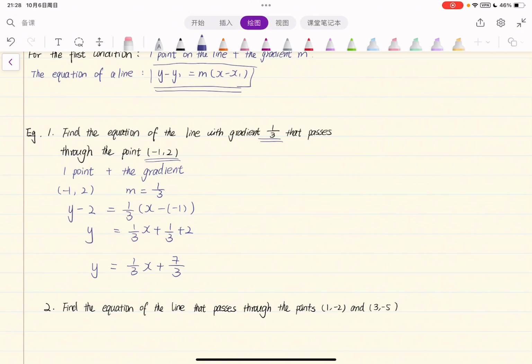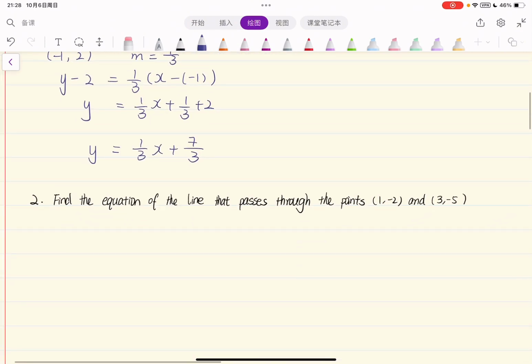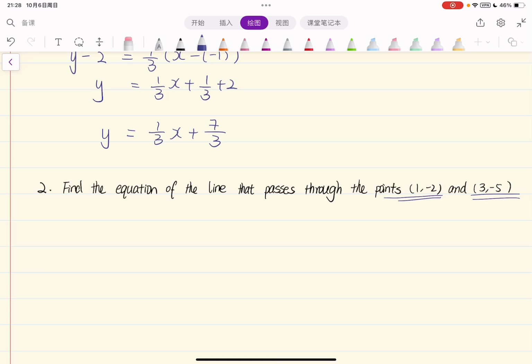Now for the second question, it asks you to find the equation of the line that passes through the points 1, -2 and 3, -5. So you now have the coordinates of two points. The first point, we say x1, y1 equals 1, -2, and x2, y2, the second point, is 3, -5.